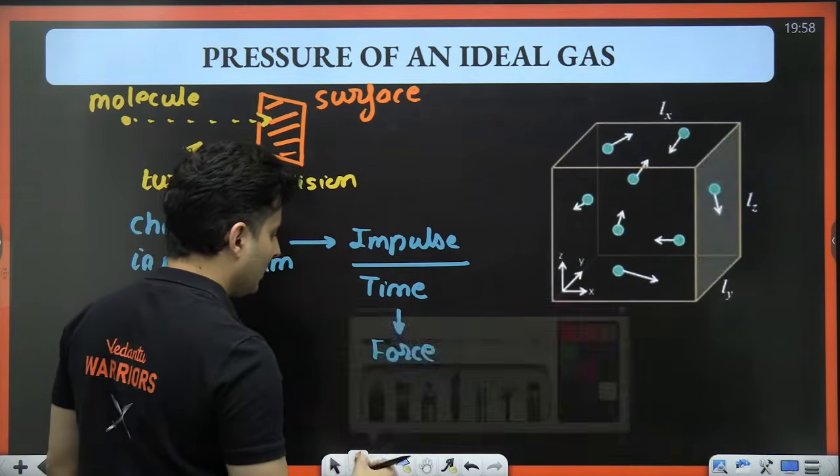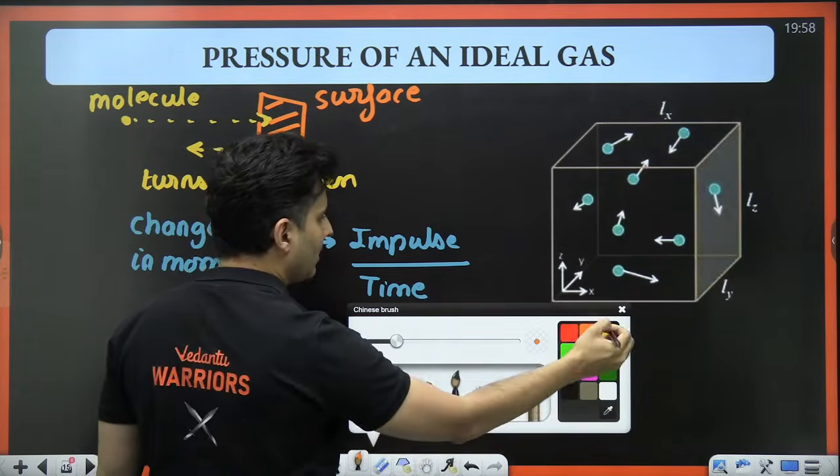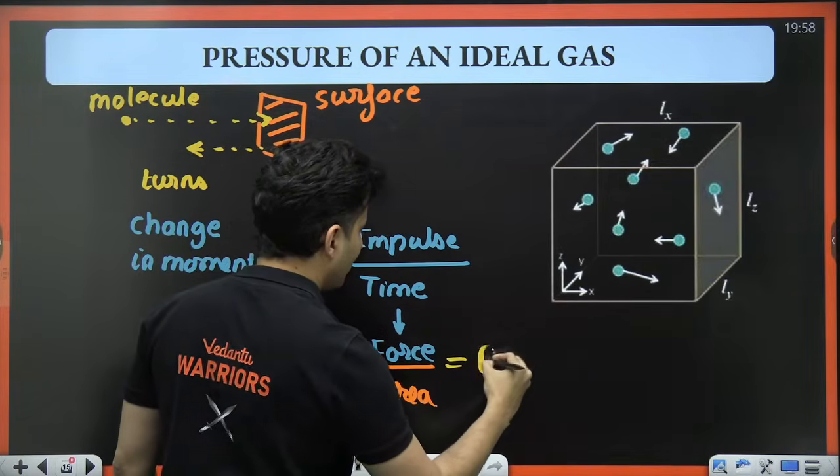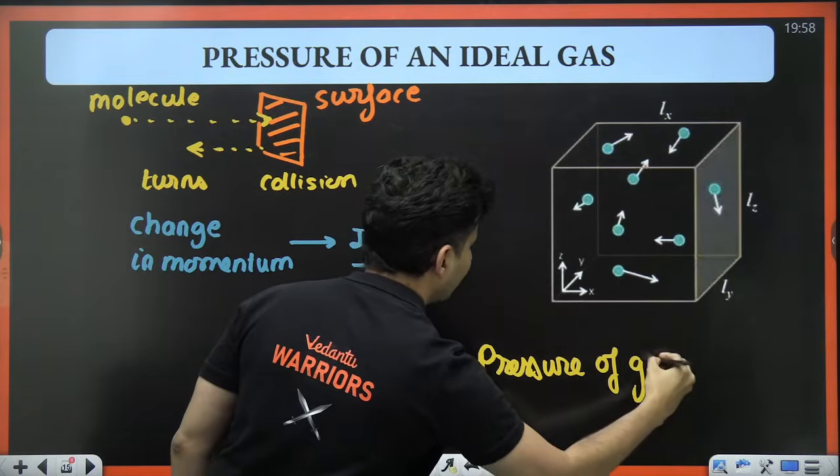That force divided by the area will give me the pressure of the gas.